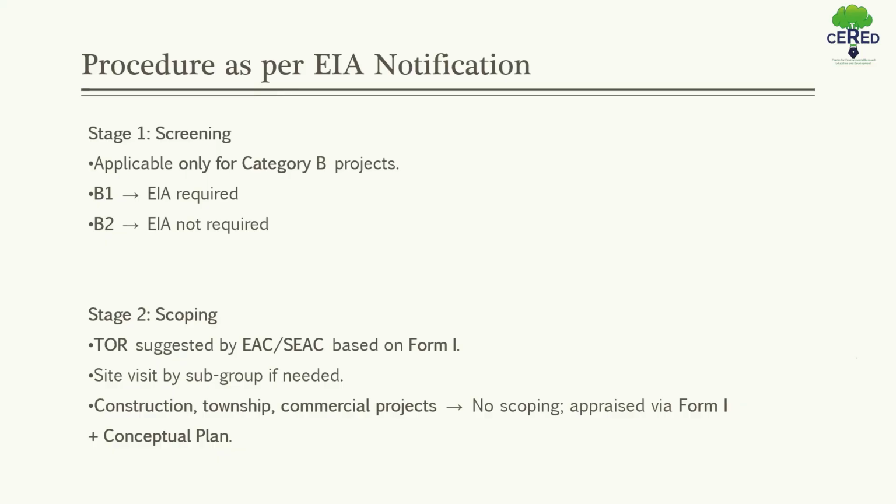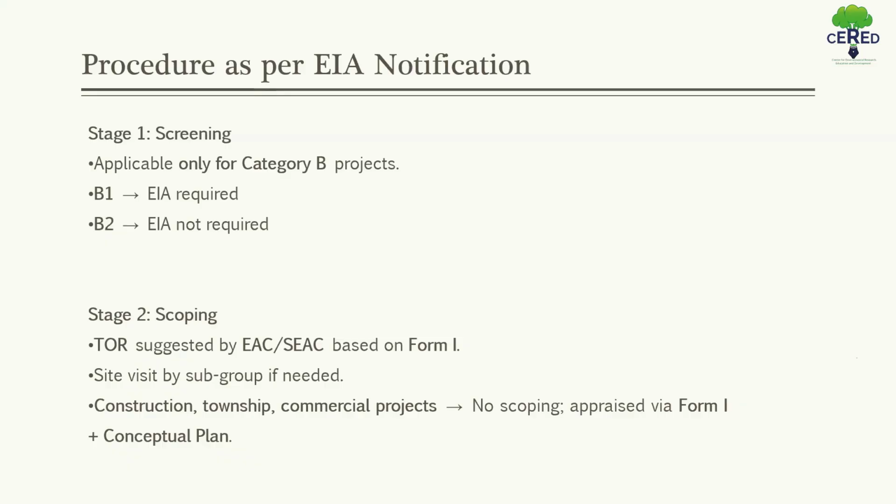Basically TOR shall be conveyed to applicant within 60 days of receipt of Form 1. When they submit Form 1, within 60 days, they obtain TOR. If the TOR is not finalized within 60 days from concerned authority, the TOR suggested in the Form 1 by the applicant is deemed as approved for EIA study.